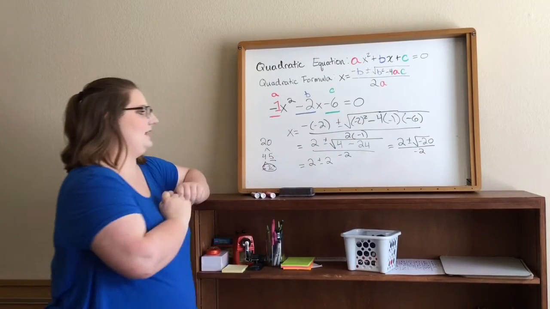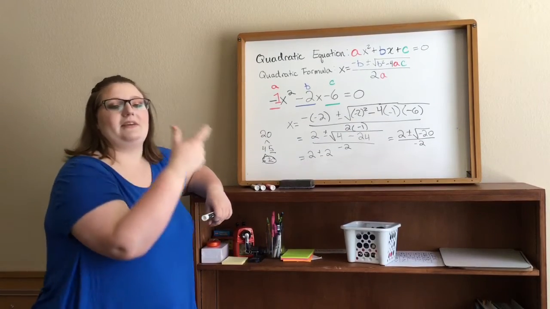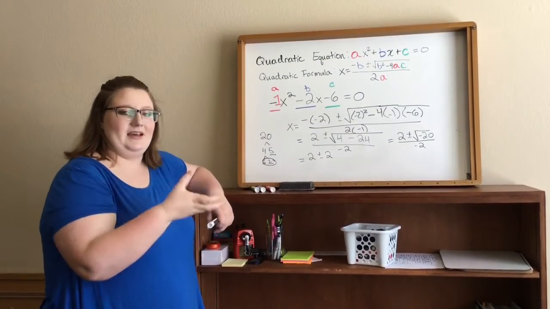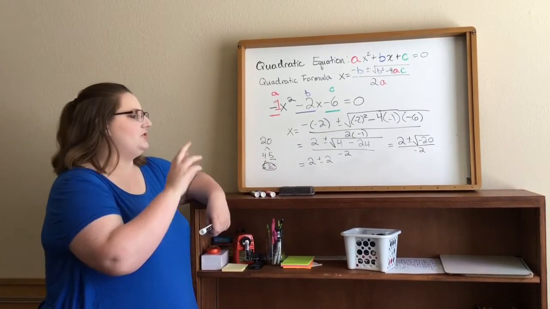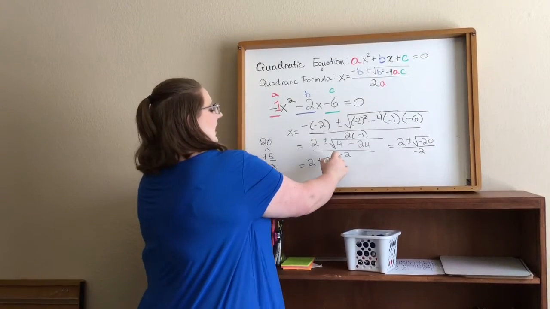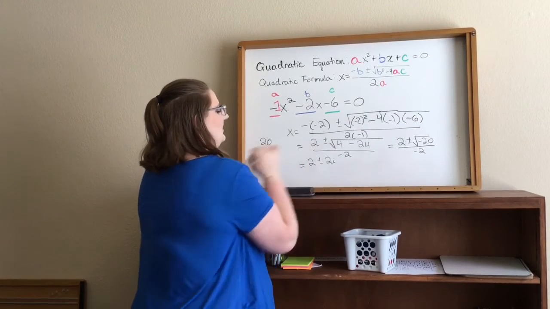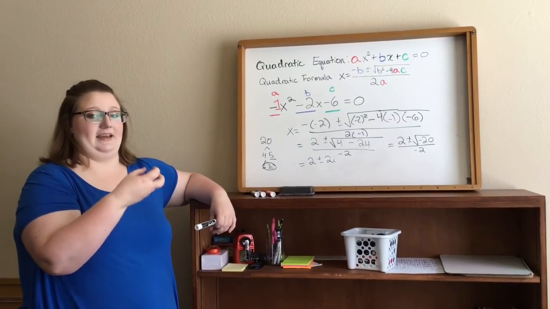But there was one other thing I said. Since we're taking the square root of a negative 20, because it's negative in the square root, we get an imaginary number. To rewrite this so that we don't have a negative in the square root, outside of our square root we bring out a letter i. That letter i stands for the square root of that negative part.